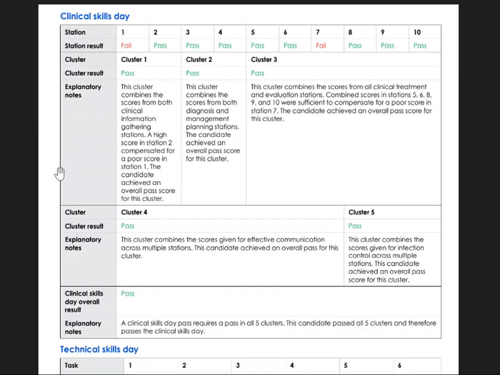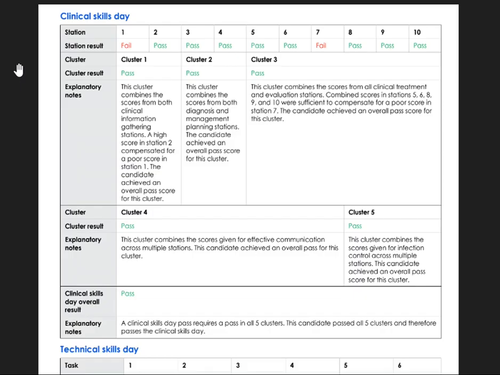Now let's give you a numerical example, okay? Because ADC mentions that each task is marked on a marking rubric and the score for each station or task is out of 45. Now let's see this example. Let's keep this example in mind and let's discuss, all right? Let's say the candidate scored 30 out of 45 in station 1, okay?